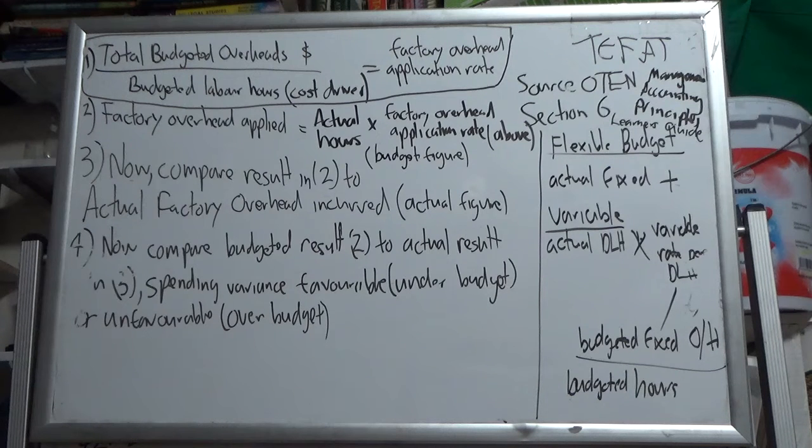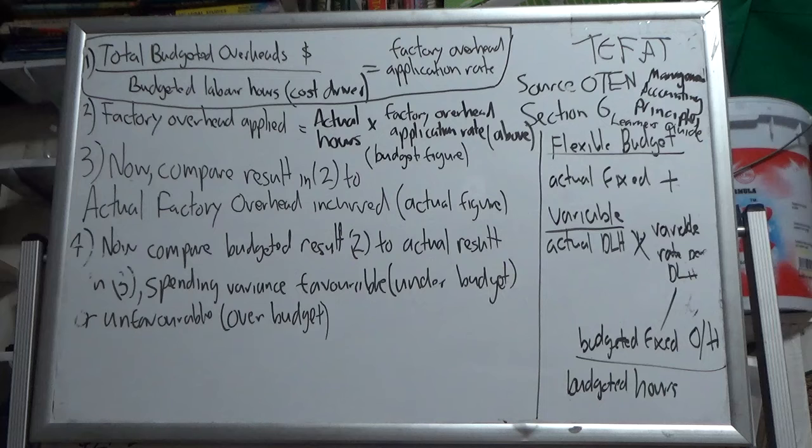Alternatively, you can use what's called an ABC rate. You know your fixed costs, you get variable by actual hours multiplied by another rate, which is variable direct labour hours, which is your variable factory overheads given divided by budgeted direct labour hours, right? That rate you multiply by actual hours, and that gives you total variable costs.